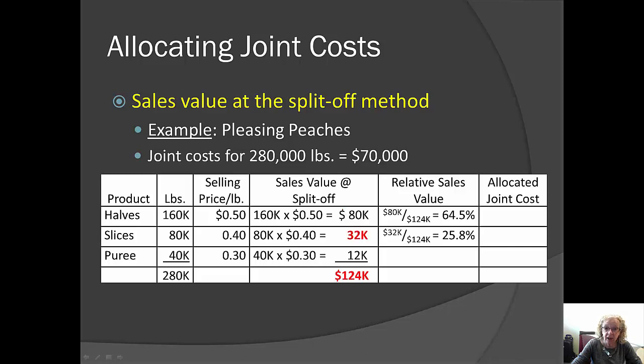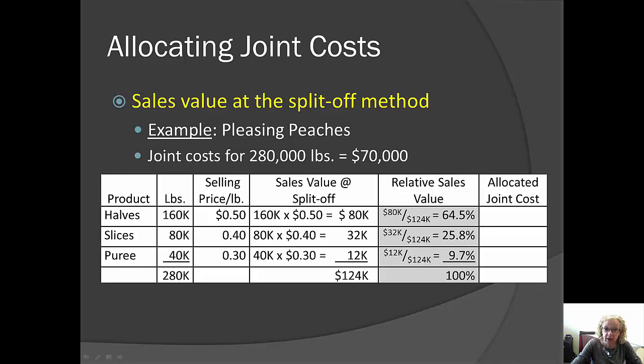Peach slices represent 25.8% of the total sales revenue, and peach puree represents a little under 10% of the total sales revenue. Add that up, we've accounted for all the sales revenue.